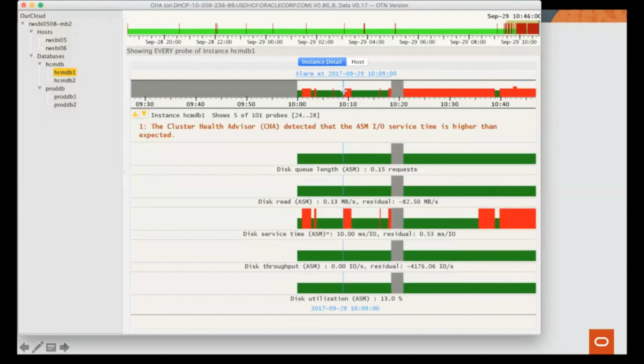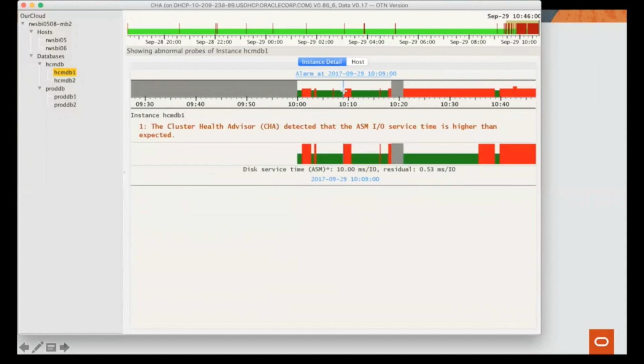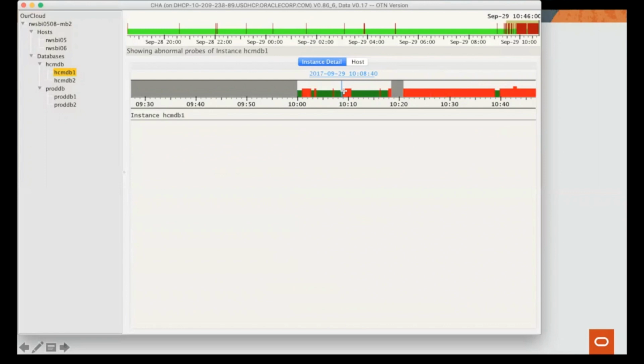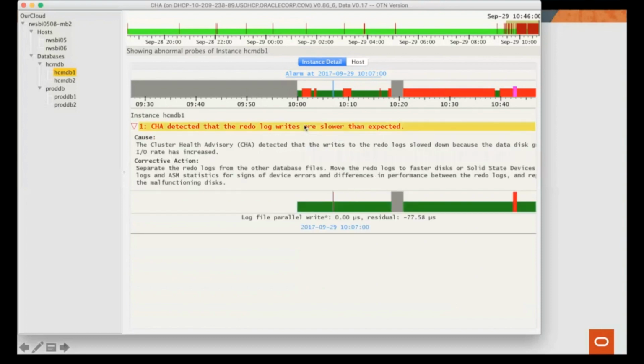More. Get rid of all these here. This is a small bar. I told you I had to go close to see it. Oh, okay. So you mean all the way over to here? Yes. Okay. See, this is a different problem, and now you don't see the correlation. So this problem, the I/O is slow for ASM, but in that case, only in that case, the redo log writes are affected.